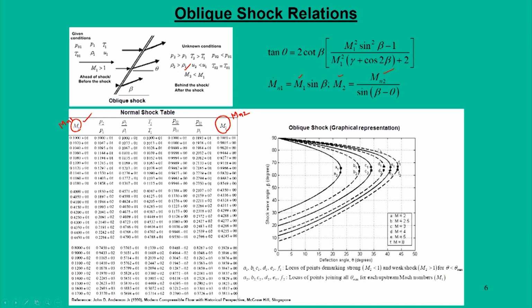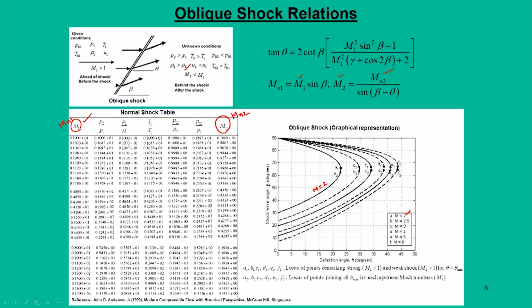Let us say I am fixing the Mach number of 2, and keep changing theta and calculate beta. So, this particular plot is for M equal to 2, and we get one curve for M equal to 2.